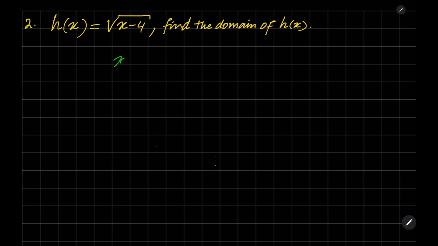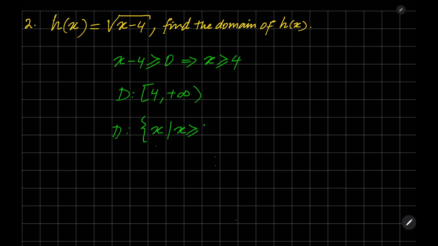So x minus 4 must be greater than or equal to 0, which implies that x is greater than or equal to 4. Then the domain of h of x is 4 to plus infinity, or domain is x greater than or equal to 4. That's the answer.